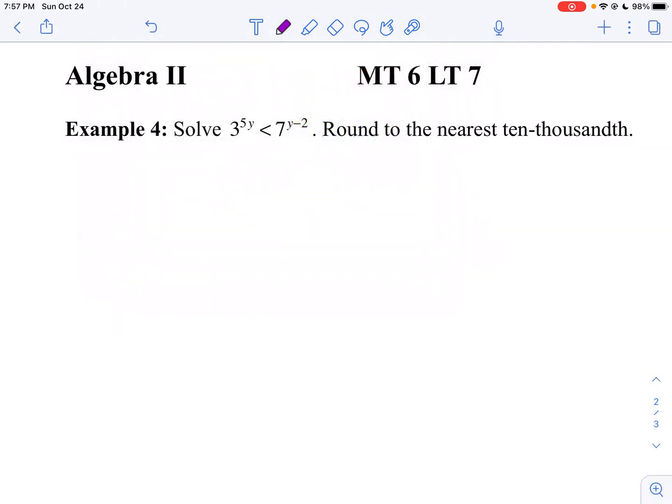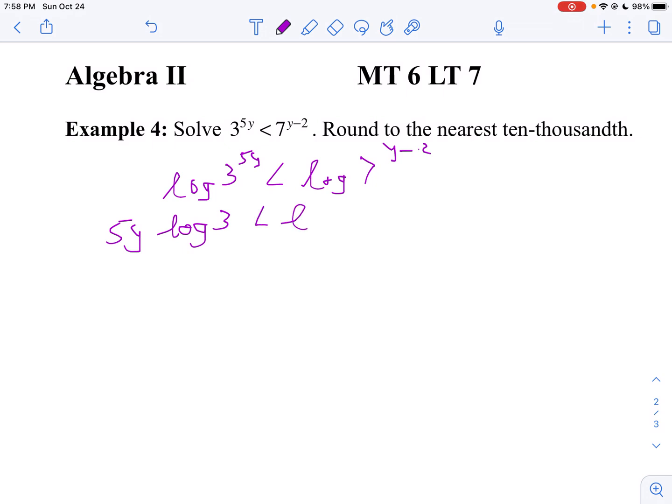I'm going to say the log of 3 raised to the 5y power is less than the log of 7 raised to the y minus 2 power. Then I'll use my exponent rule. So I have 5y times the log of 3 is less than the log of 7 times y minus 2.